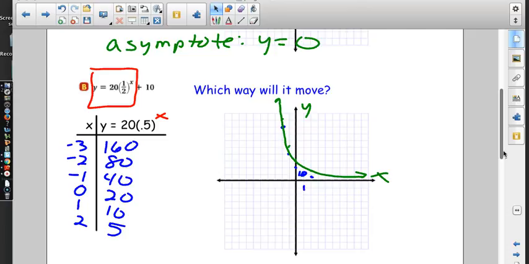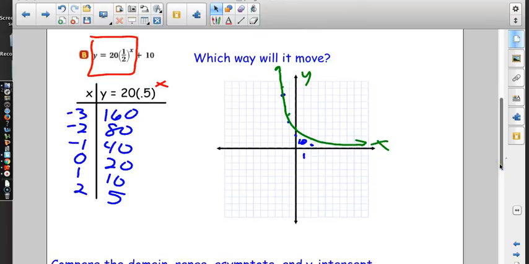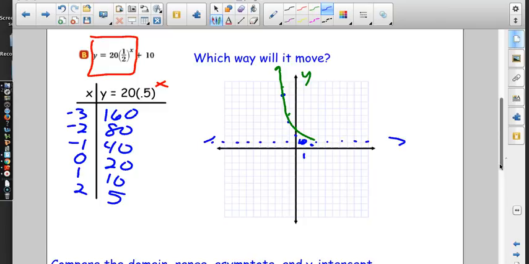Nope. Yes, we did. If our asymptote was at y equals 0, and we just moved everything up 10 units, where's our new asymptote? Y equals 10.